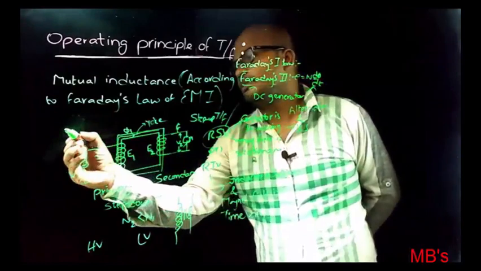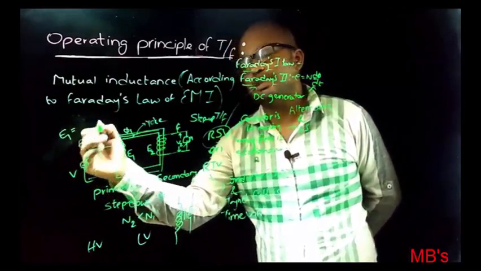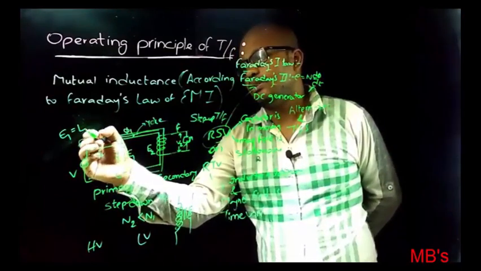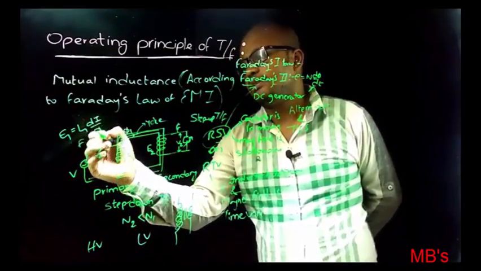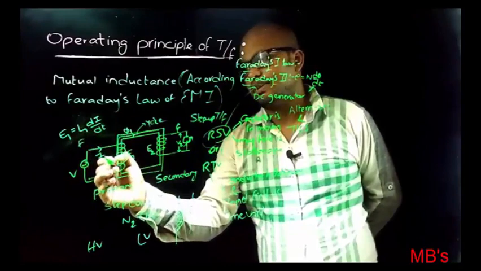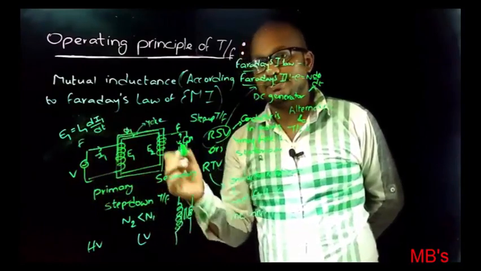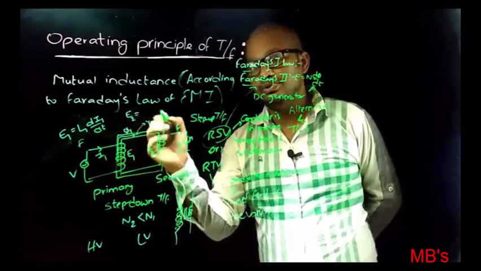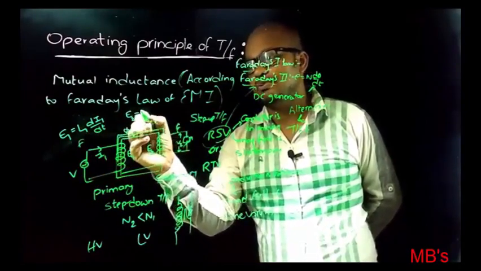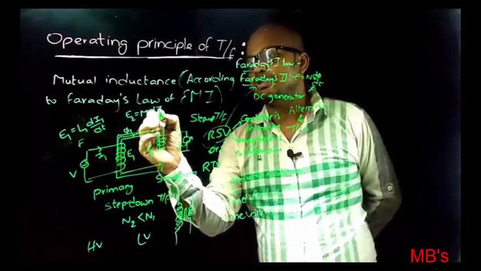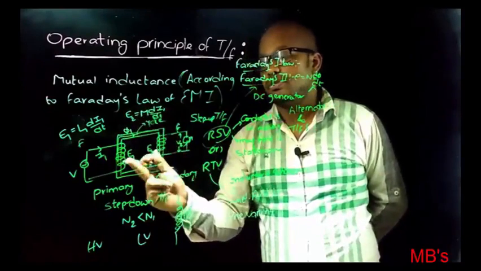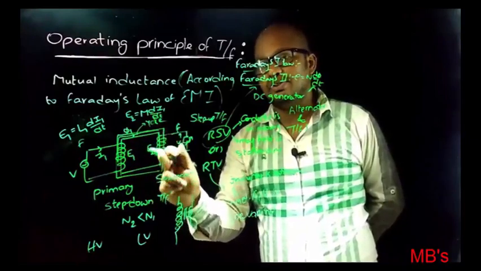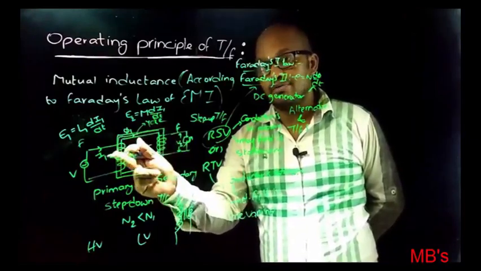The primary induced EMF in terms of inductance is L1 di1/dt, where the primary current is I1. The secondary induced EMF E2 is E2 = M di1/dt, because these two circuits are under mutual inductance, and the EMF induced is because of the primary winding current.